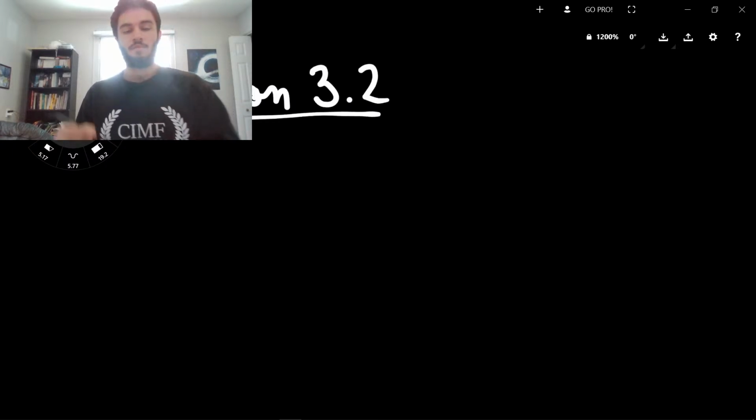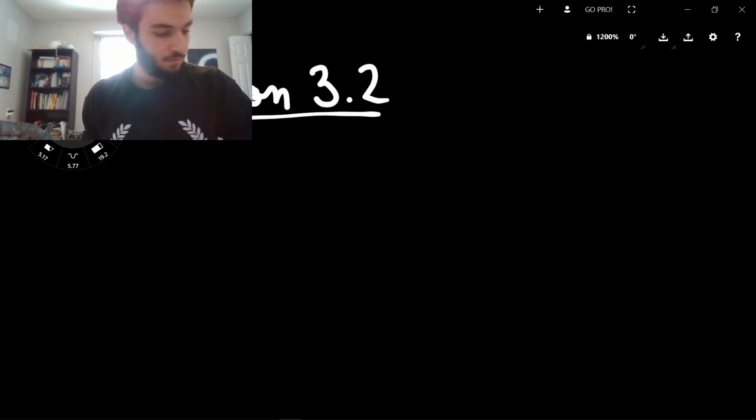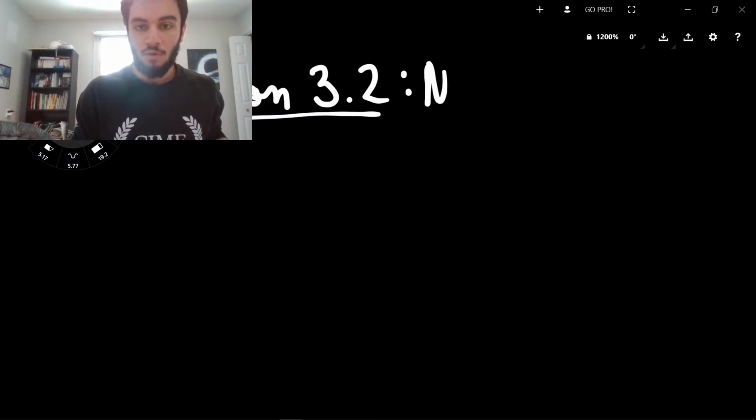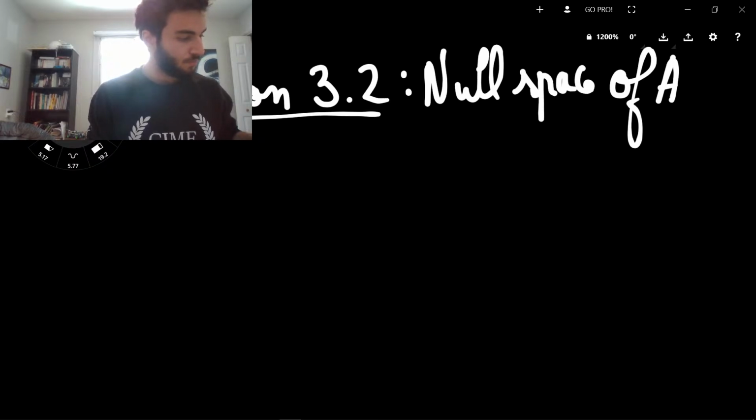section 3.2. Yep, section 3.2. We are going to be looking at null space of A. Let's go ahead and start with the exercises.